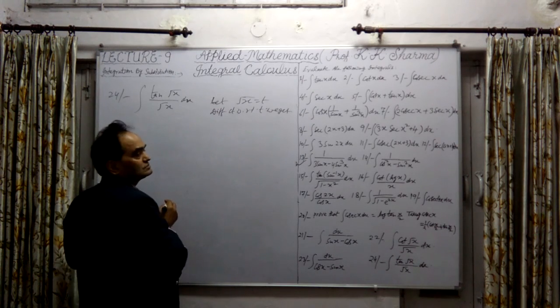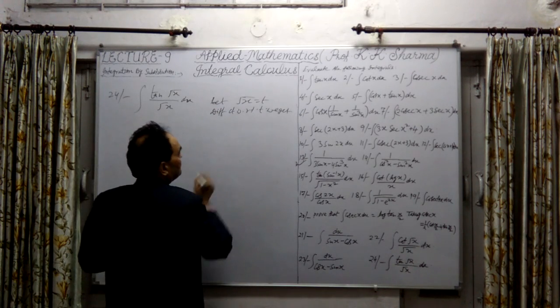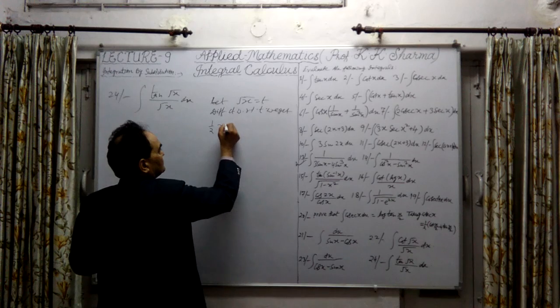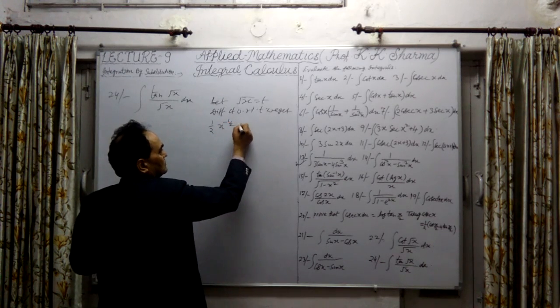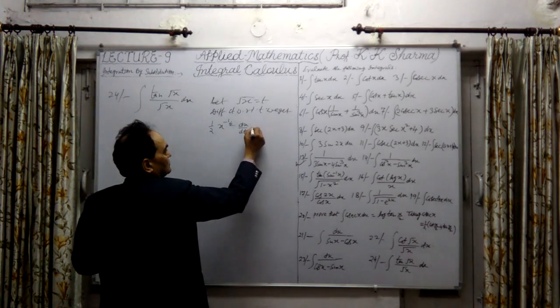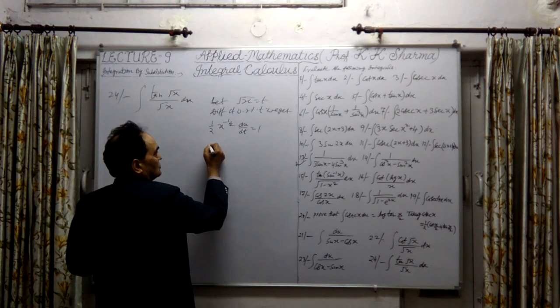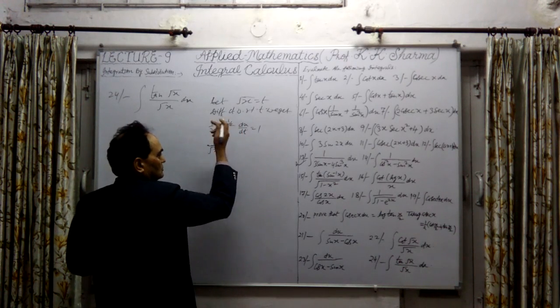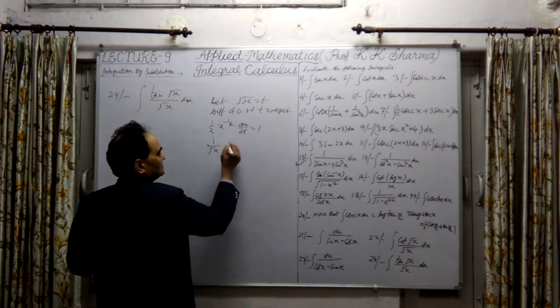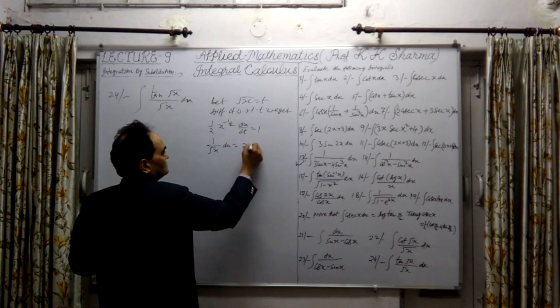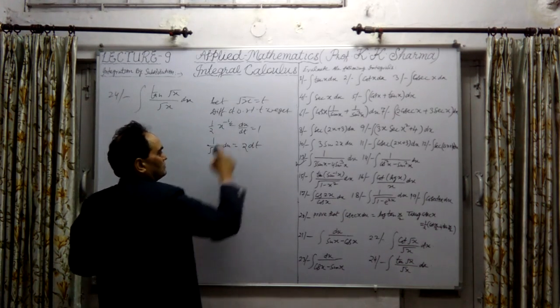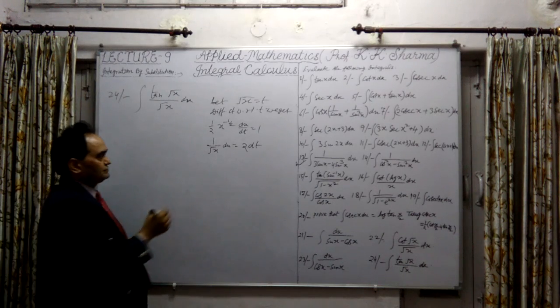Under root x equal to t, so this will be half x to the power minus half into dx upon dt equal to 1. Okay, this is 1 upon root x, this value will be 1 upon root x into dx equal to 2 into dt. This 2 will come in the numerator.